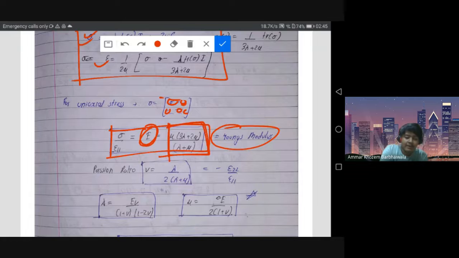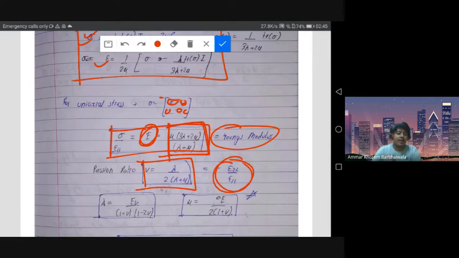We can also define the Poisson's ratio, which is equal to nu, and we can define this in terms of lambda upon 2 times (lambda plus mu), which is equal to epsilon 2 2 upon epsilon 1 1. So this is how we define Poisson's ratio and Young's modulus, relating them with the lambda and mu parameters which we initially derived.